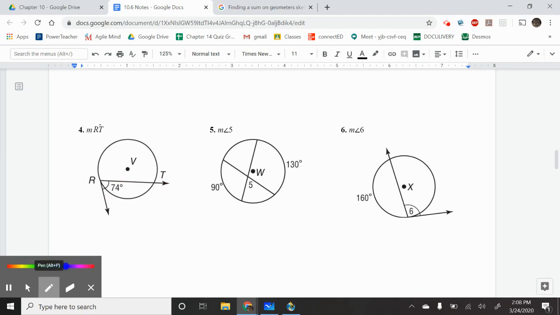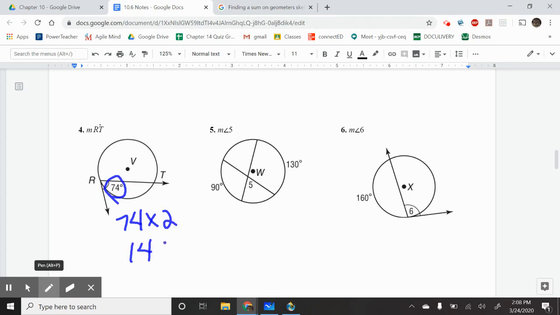You can do 74 times 2, and that will give you the measure of arc RT. All right, and that's as simple as that. So if you have a tangent and a secant, and you want to find the measure of the arc that they intercept, you just multiply the angle that they make by 2.